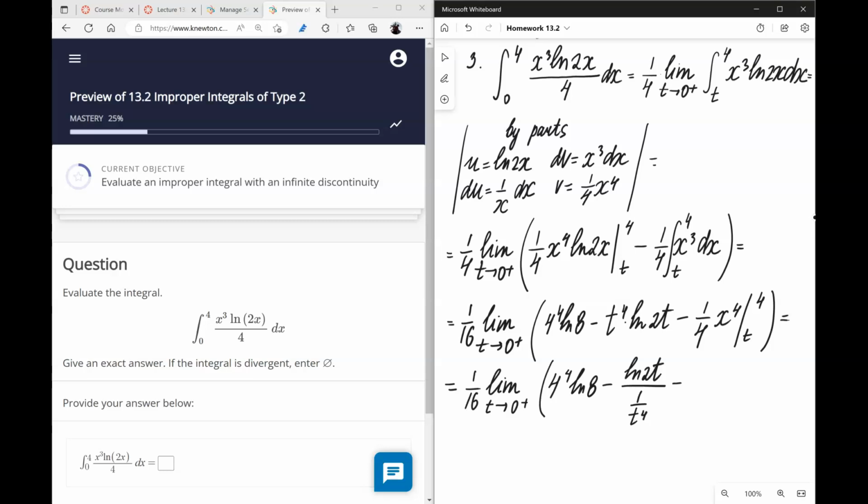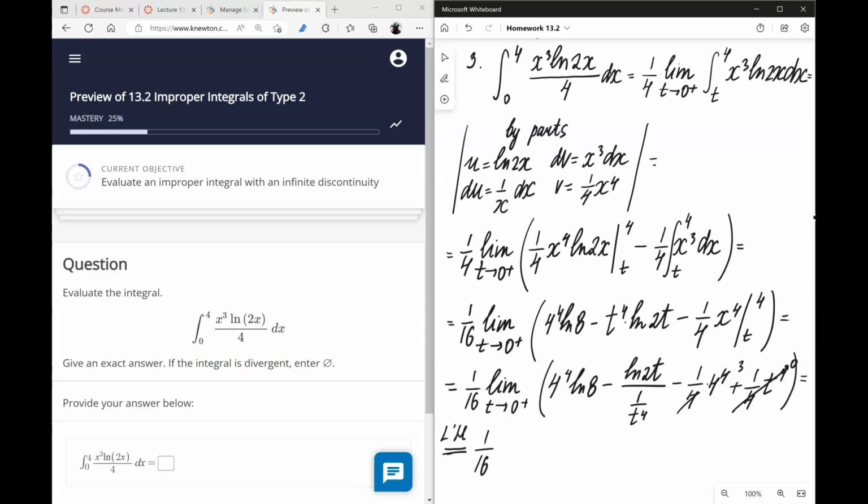But besides that, we have 1/4 times 4 to the power 4 plus 1/4 t to the 4. So t to the 4 goes to 0. 1/4 of 4 to the power 4 is just 4 cubed. But for everything else, we have to use L'Hopital's rule.